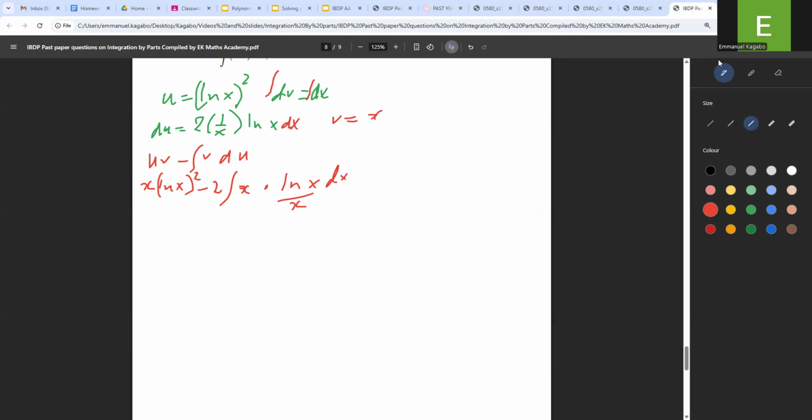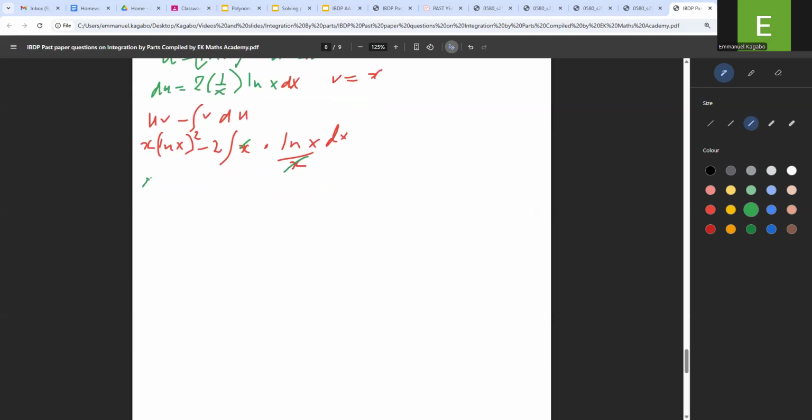Now at this point, what happens, guys? This one cancels out with that. So what do I mean? I'll mean x bracket ln x squared minus 2 integration of ln x dx.